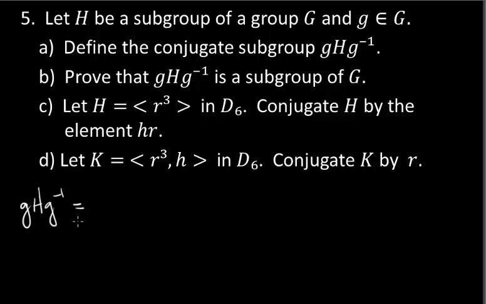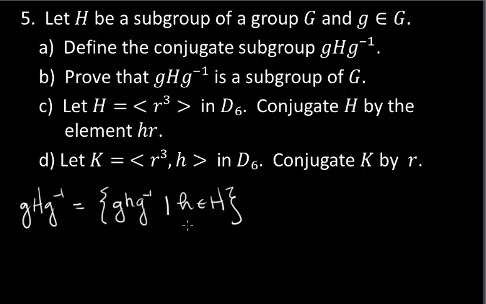You can find the conjugate subgroup, and it's the set of all GhG inverse, where h is in H. In other words, you just take every element of H and conjugate it by G: multiply on the left by G and on the right by G inverse. G is a fixed element of the group, and h ranges through the entire subset.